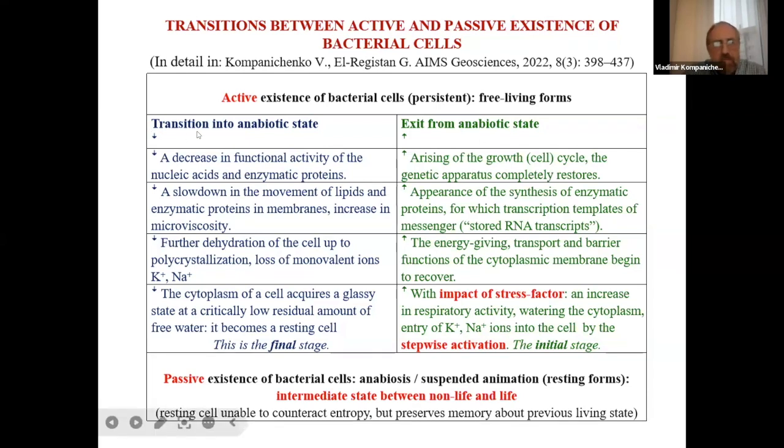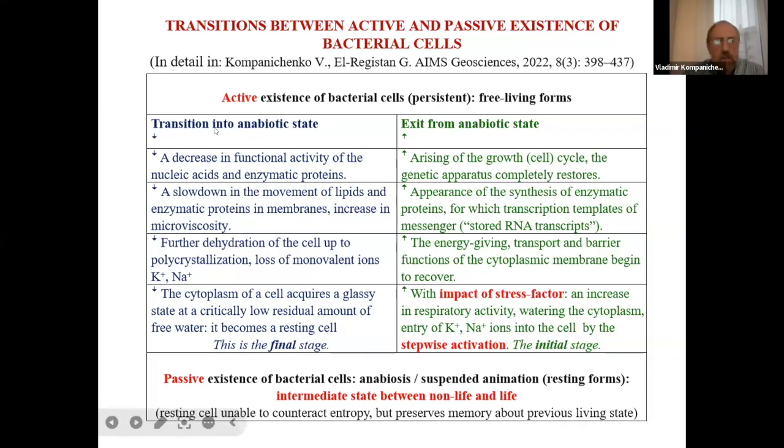First, this active state, free living form, and below is active existence. Below is passive existence of bacterial cell. This is an anabiotic state.